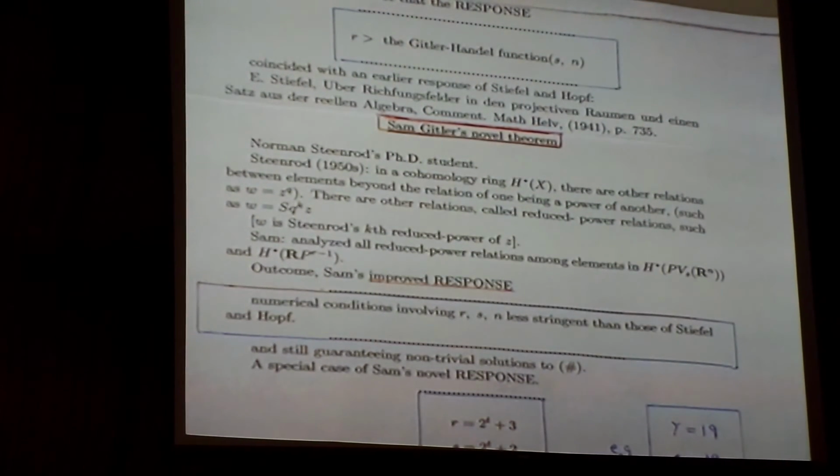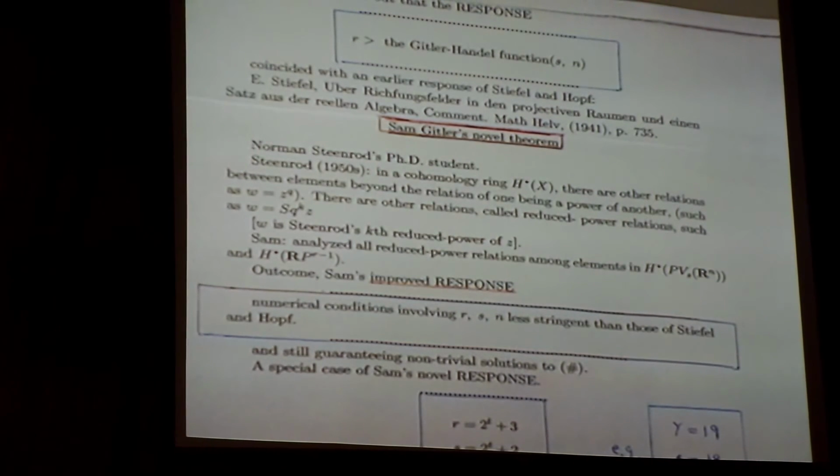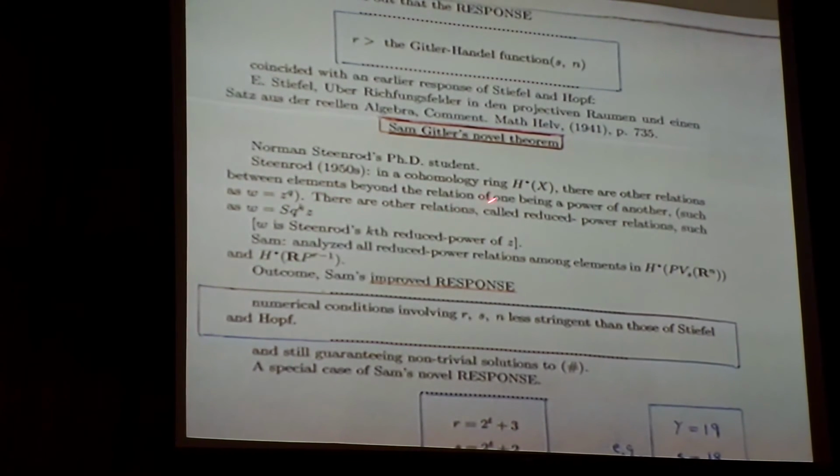Sam, who is Norman Steenrod's PhD student, and Steenrod in the 1950s made a great contribution by recognizing that in any cohomology ring H star of X, there are certain relations between elements beyond the relation of one element being a power of another.